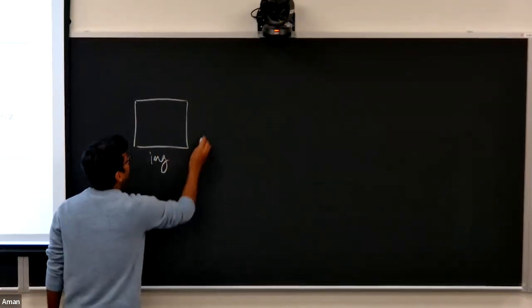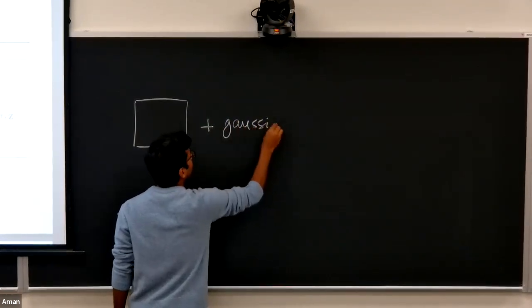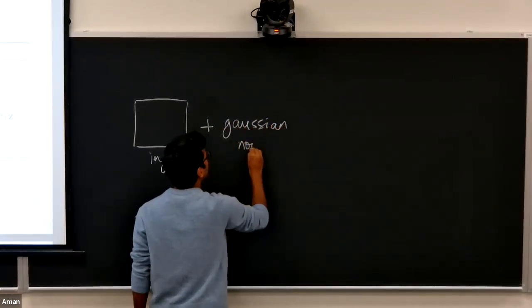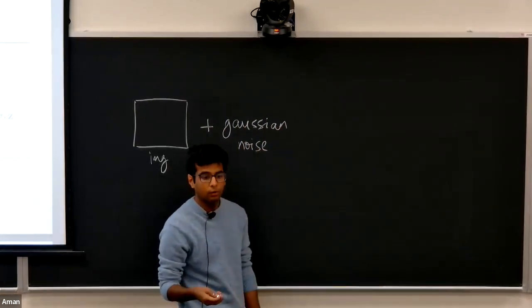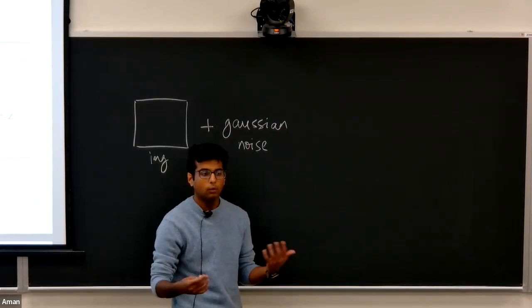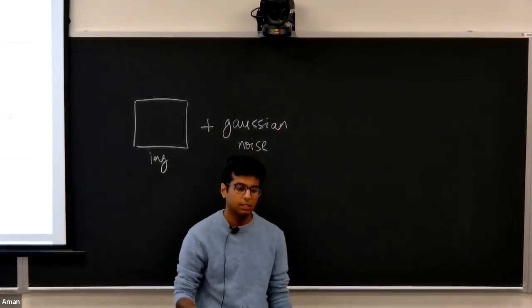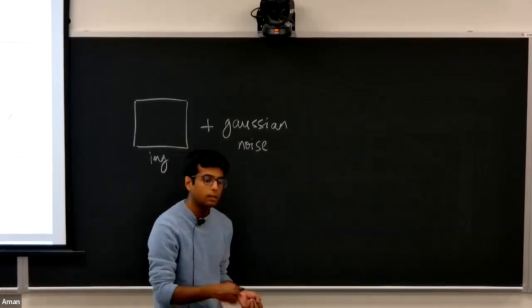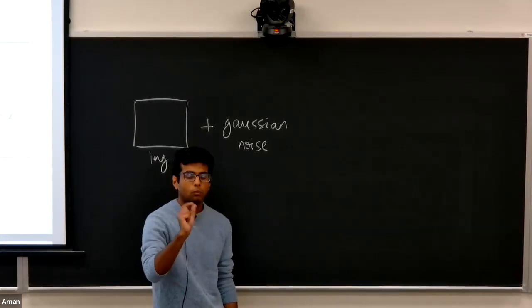and you add a certain amount of Gaussian noise. And this Gaussian noise can refer to any amount of noise depending on how many time steps of noise you want to add, because diffusion models are designed in a way where you are incrementally, iteratively adding noise to these images by a small amount at a time.